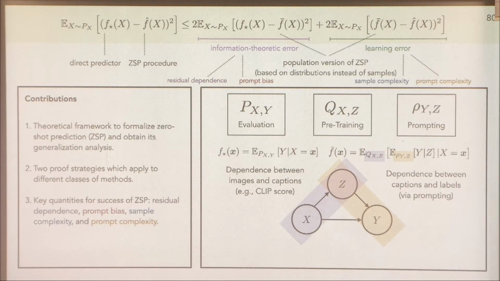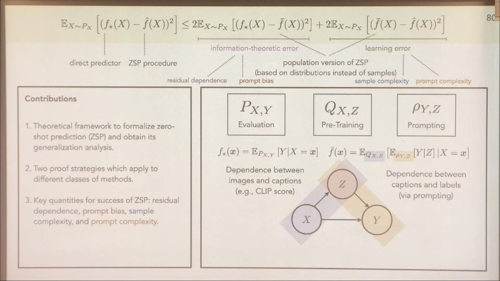So we have the full bound here, which describes how the error decomposes into the predictor you would have if you had an infinite amount of data for the downstream task. That's the direct predictor, right?